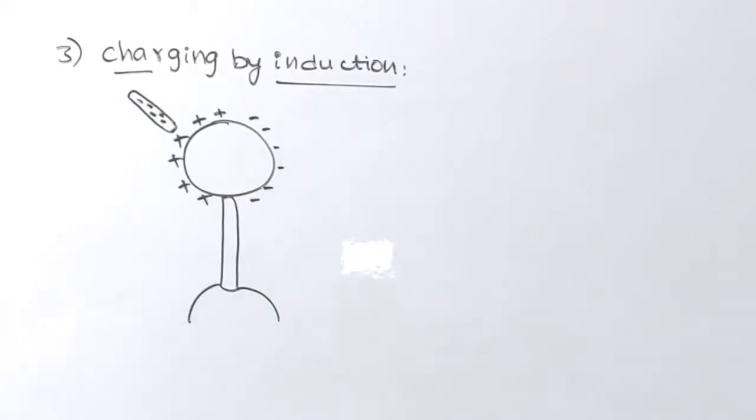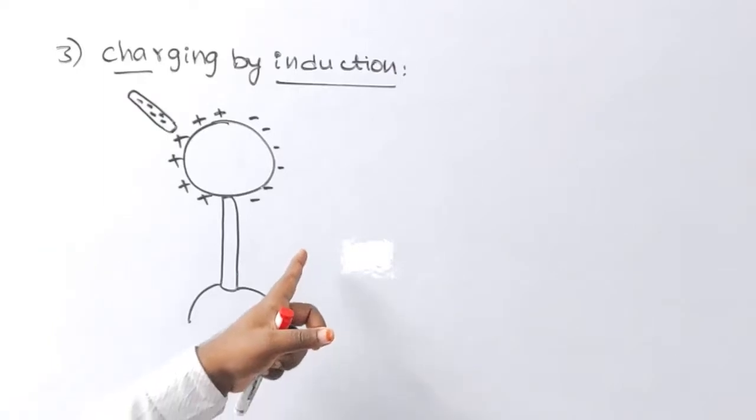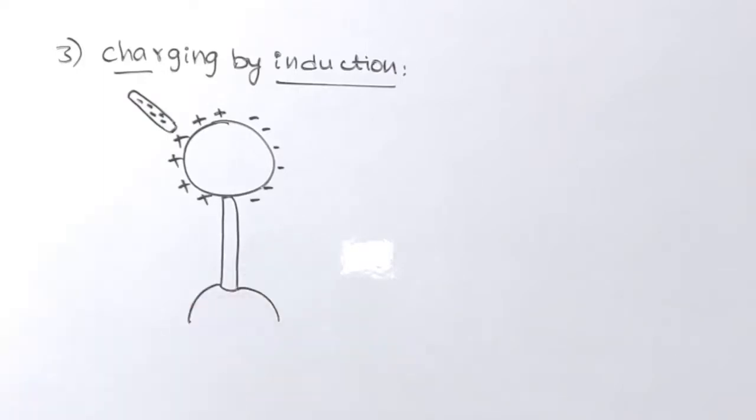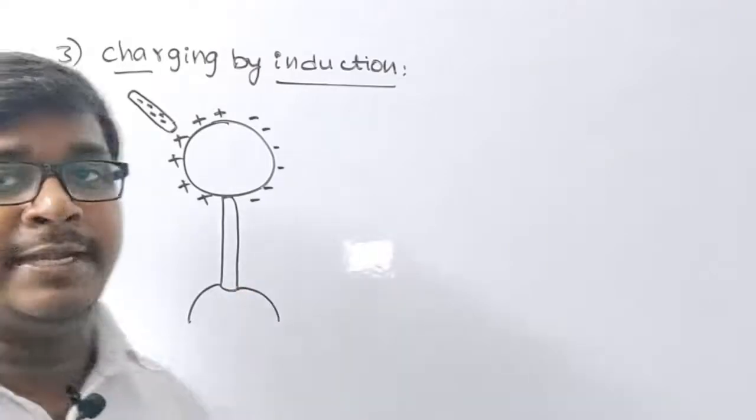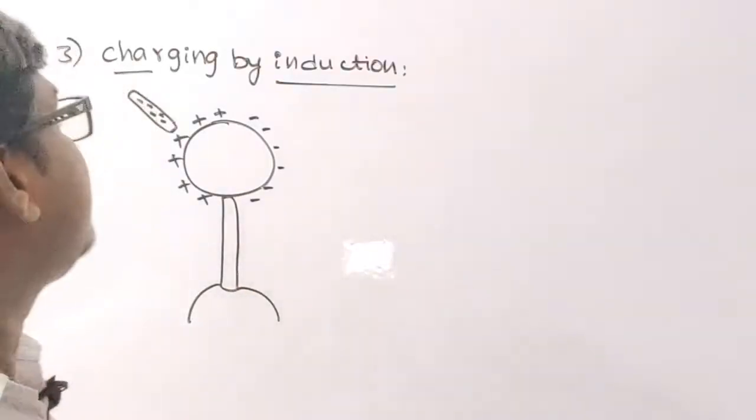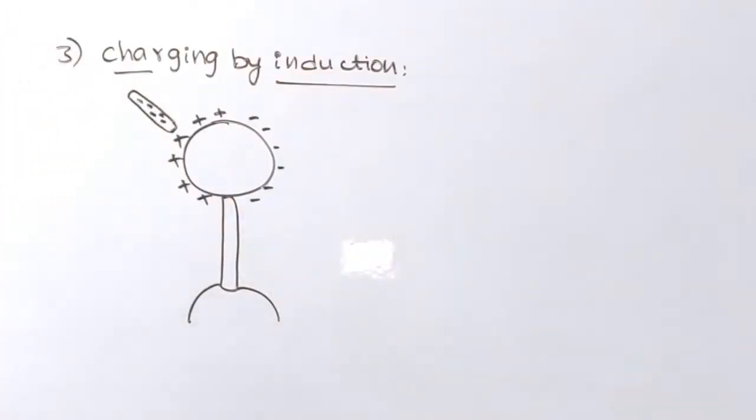This process is called charging by induction. The process of giving one object a net electric charge without touching the object to a second charged object is called charging by induction. Okay, this is the charging by induction.